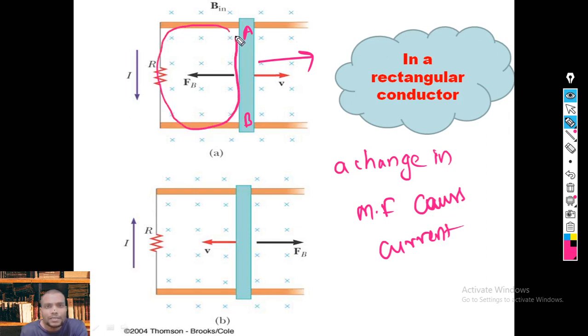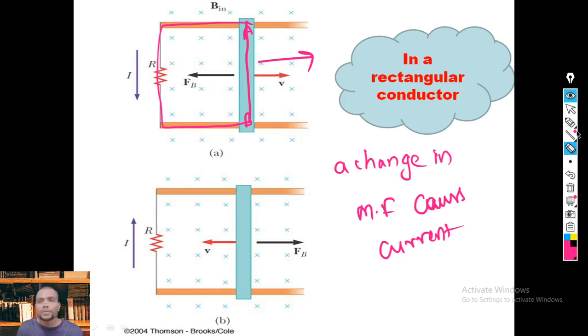This will act like a closed loop. So with respect to this closed loop, the magnetic flux is changing. So the direction of current, from A to B, if you can take it like that.